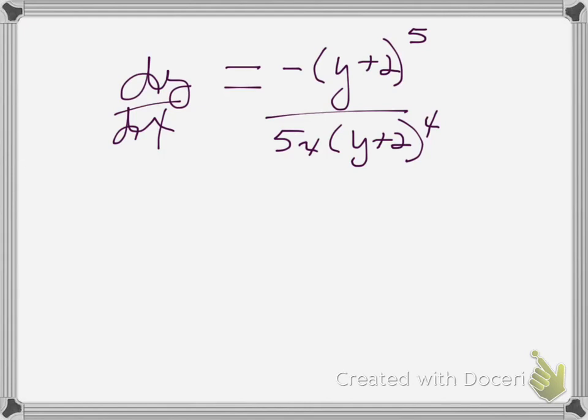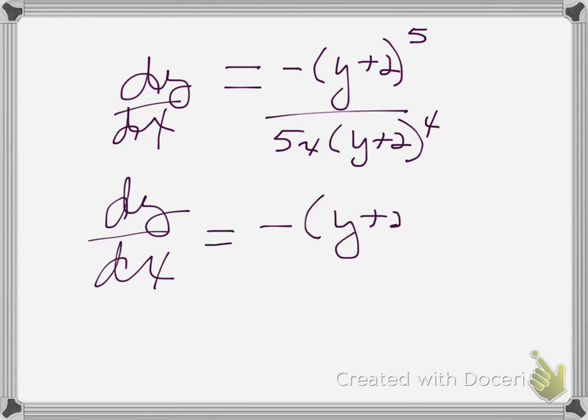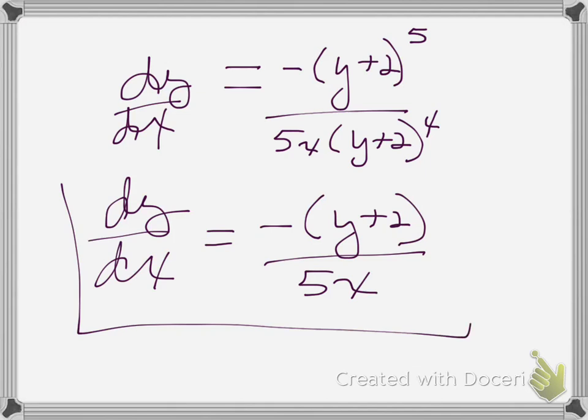Can't I take out a (y + 2) to the 4th from the bottom and the top? When I do that, I am left with the following. dy/dx equals negative (y + 2), I only have one of these now, over 5x at the bottom. And that is your answer in best form. Keep it in the parentheses, don't lose the negative, and then you're all set.